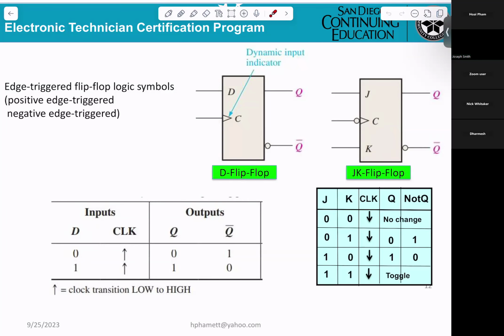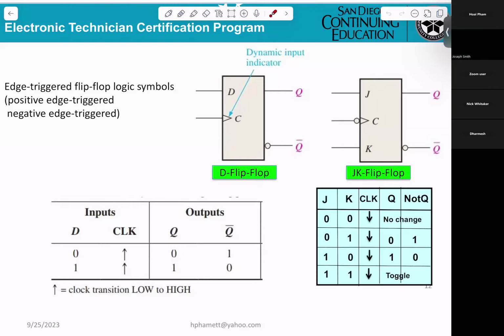For the D flip-flop, basically there will be input D and output Q. You get two outputs, Q and not Q. If Q equals 1, not Q is 0. If Q equals 0, not Q equals 1. Same thing for the D and the JK flip-flop.